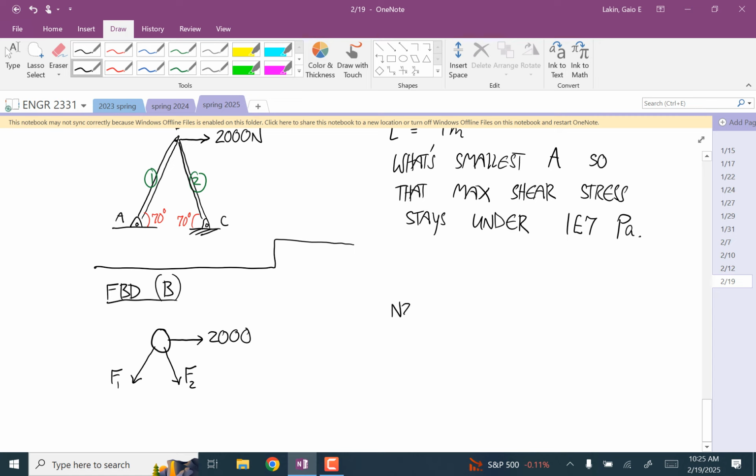And now Newton's second law says, okay, so let's think about these angles for a second. So here's the coordinate system.